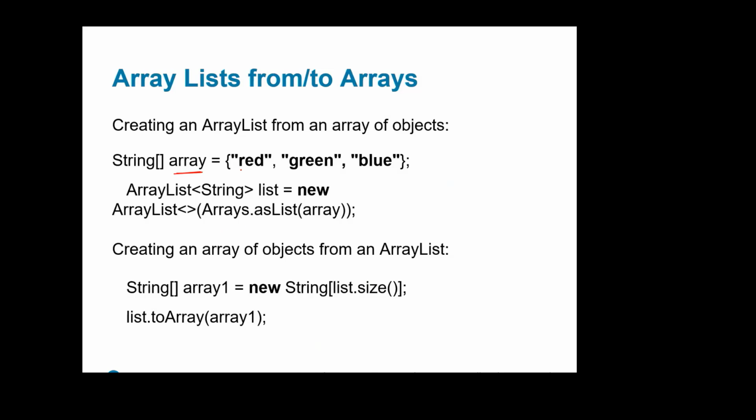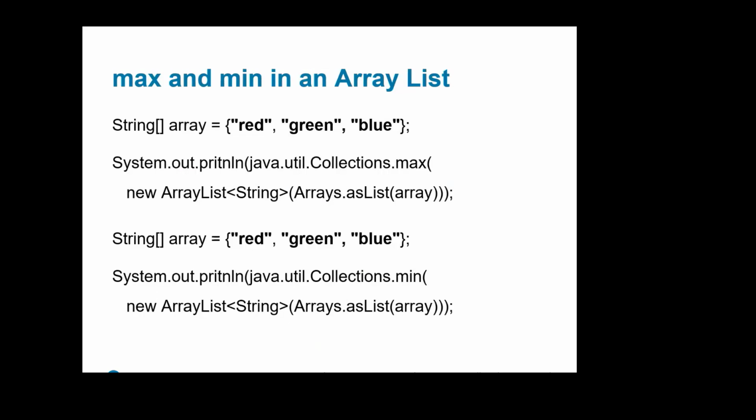So let's say we have a string array containing 3 colors, and then when we create a list of type string, we are going to pass the already existing array, and we want to use it as a list. Another thing is we can create an array of objects from a given ArrayList. So meaning passing the object to another function, that is also possible.